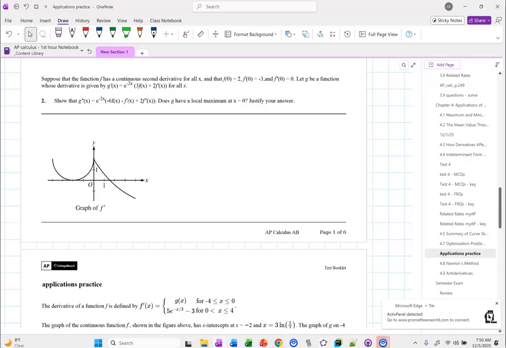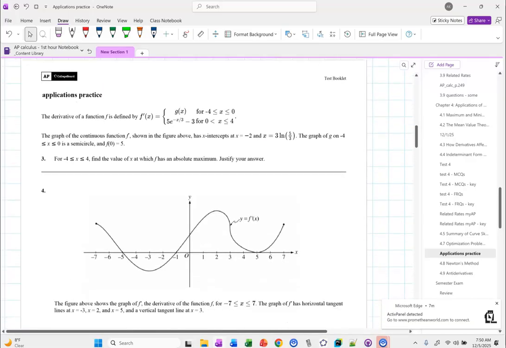So I'm just going to look at a couple of these application ones then. Is that all right with you guys? Let me see, which one do I want to look at?